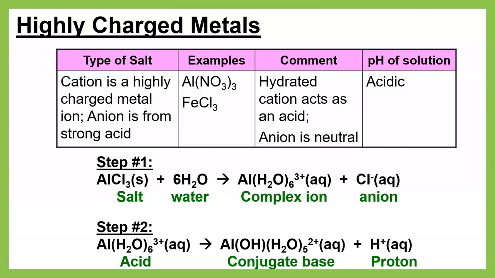Now, I don't expect you to know how many waters can hydrate around a cation, but you should understand that it happens. And if they give you the reactions, you shouldn't panic when you see funky looking things. You can look and kind of go, oh yeah, I remember. It's gonna hydrate, and then we're gonna kick out a proton.